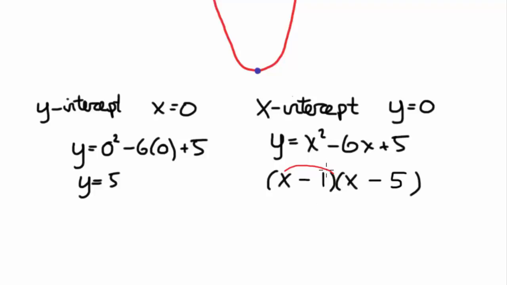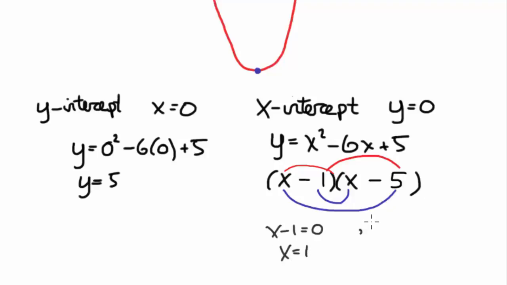minus 1 times minus 5 gives you 5, and then x times minus 5 gives you minus 5x, plus minus 1 times x gives you minus 6x. And that gives you your roots. We say x minus 1 equals 0, therefore x is equal to 1.